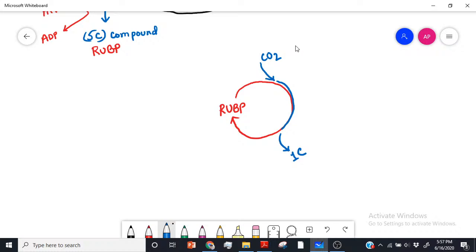So basically it's a cycle where RuBP is getting regenerated repeatedly, and in this process carbons are taken in, they are getting fixed, and then they are getting channelized into glucose production.